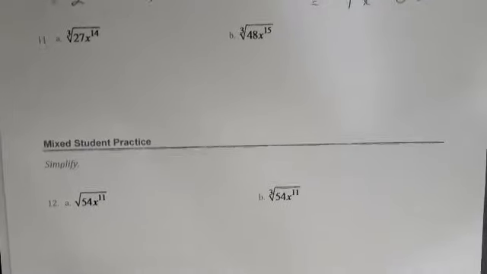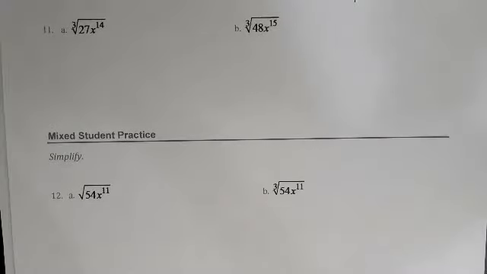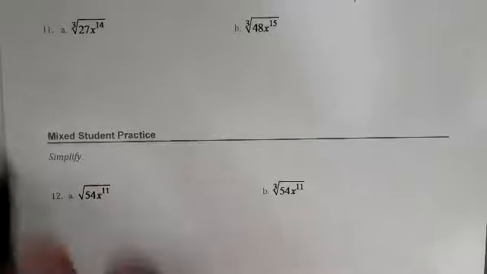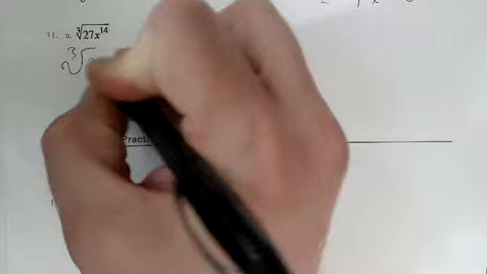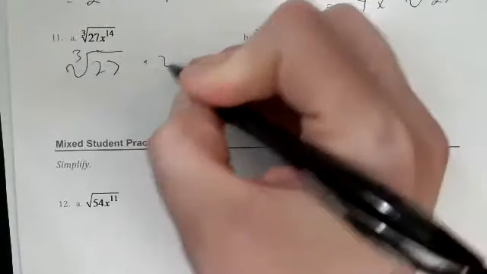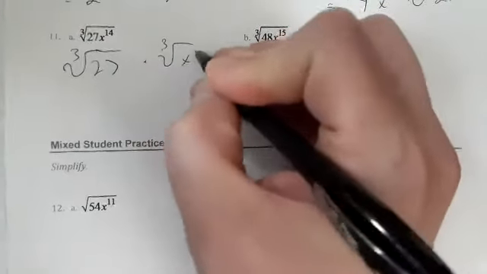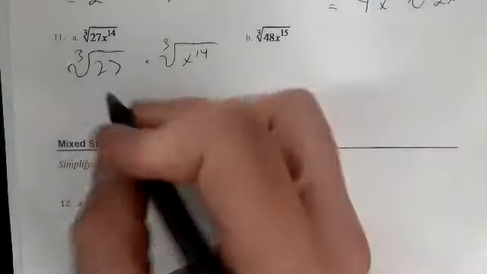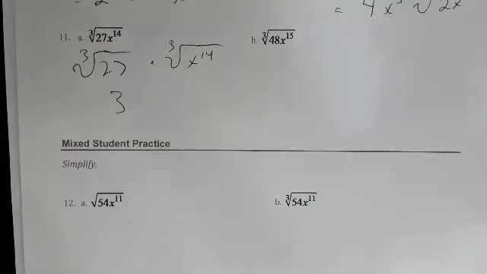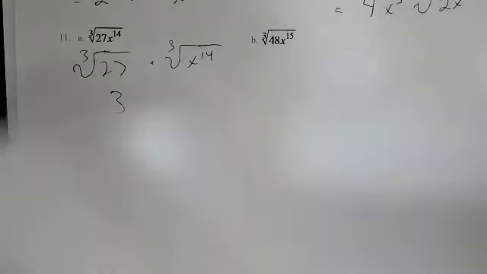These are smaller numbers, so these are definitely maybe easier to notice perfect cubes in. Probably 27 is a really easy thing to notice a perfect cube in because it is a perfect cube. So we can think about this as the cube root of 27 and the cube root of x to the 14th. Separately, this is just 3. Now we're doing 14 divided by 3.